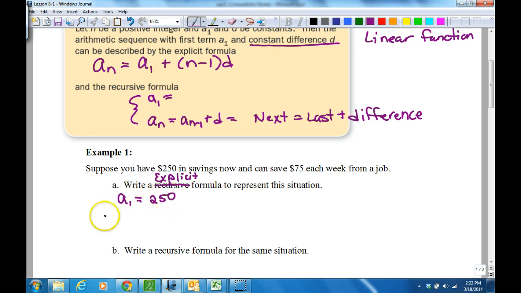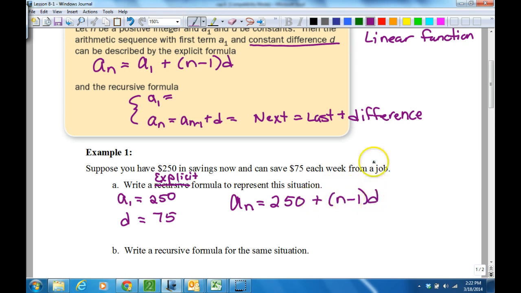My d in this case is what? 75. So my explicit formula is A sub n equals 250 times n minus 1. Oops, sorry. This should be a plus. So plus n minus 1 times d.